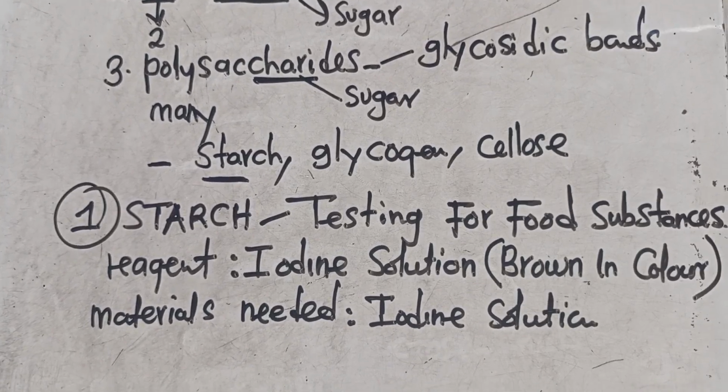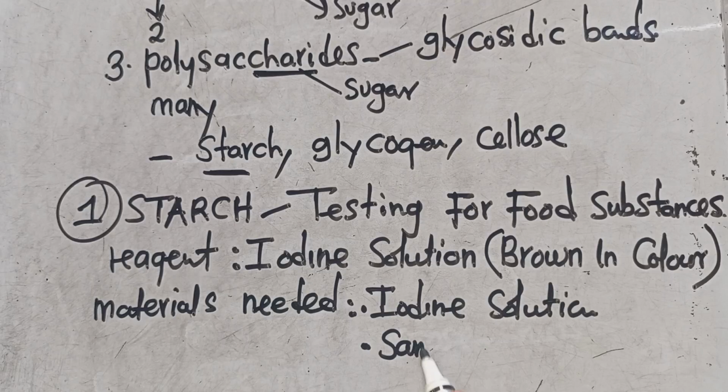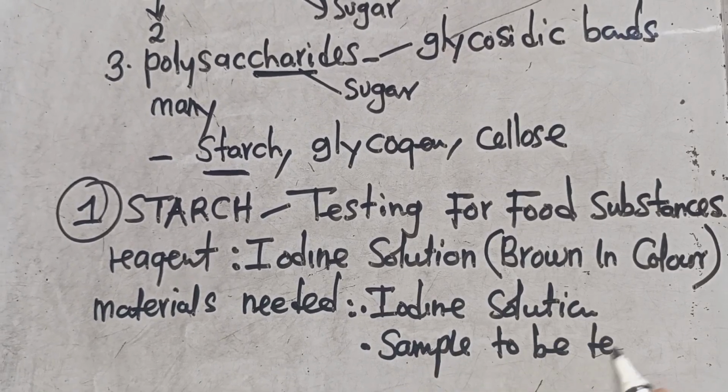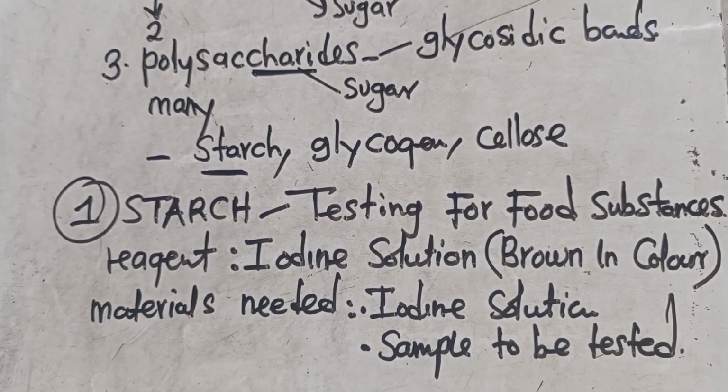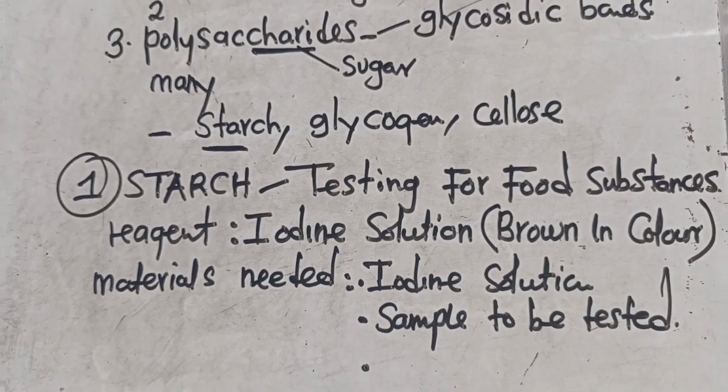I just want you to have the foundation of this. Apart from the iodine solution, you also need to have a sample to be tested. I'll try by all means to also explain how this happens so you can understand it clearly.